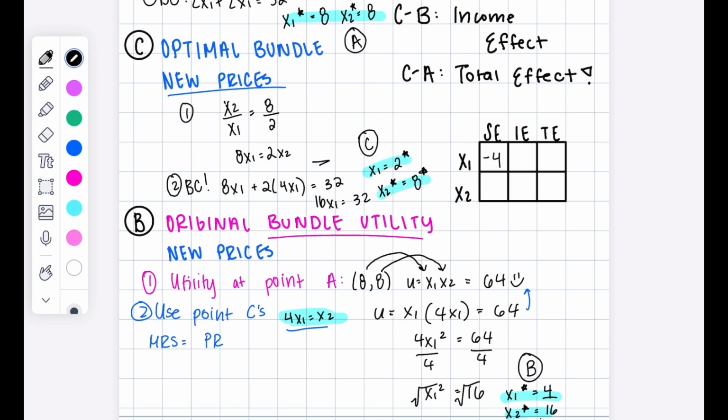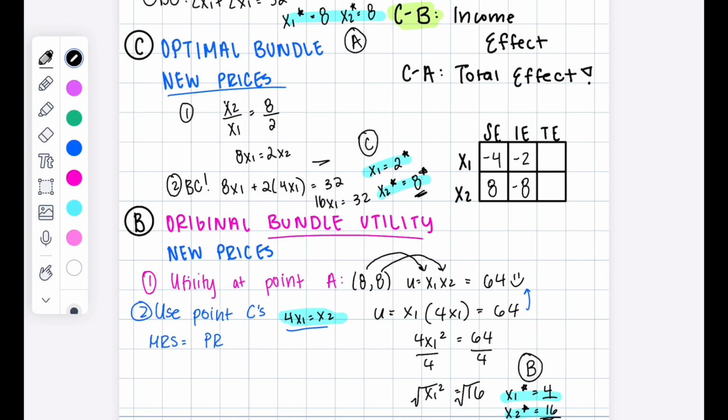And then for x2, we have 16 minus 8, which is going to be 8. And then for the income effect, it's going to be C minus B. For x1, at point C we have 2, and at point B we have 4, so that's going to be a negative 2. And then for x2, we have 8 minus 16, so that's going to be a negative 8.